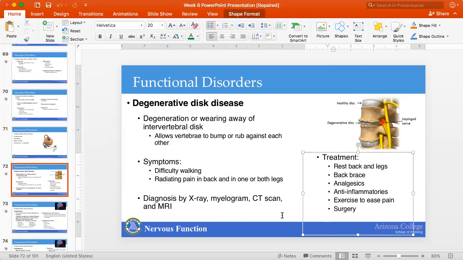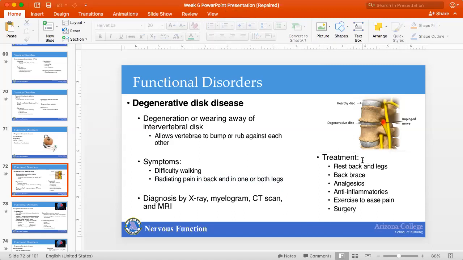Treatment would be rest, back and legs, back brace, analgesics, anti-inflammatories, exercise to ease the pain, and then potentially surgery. They may need to go in and potentially do a fusion or something to try to reduce the degeneration of that disc.